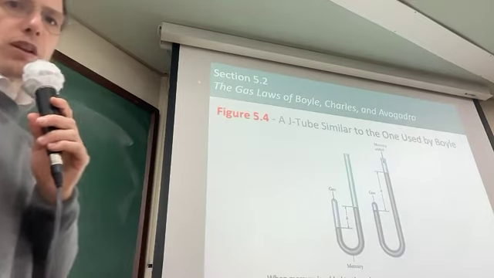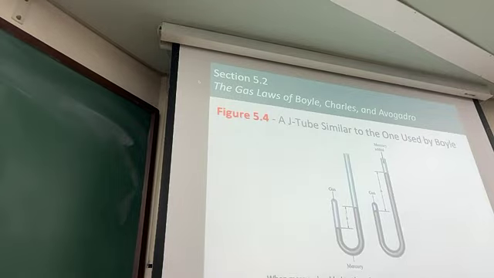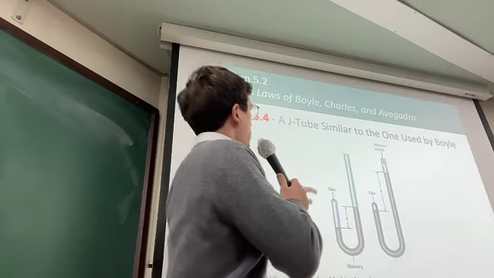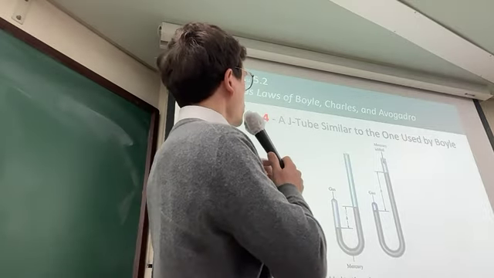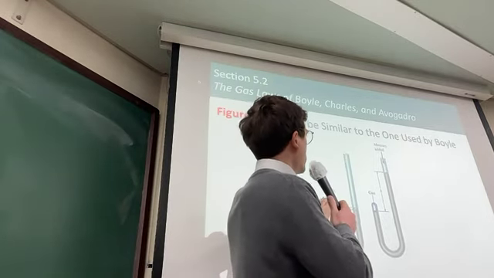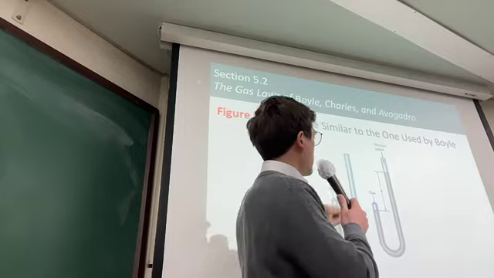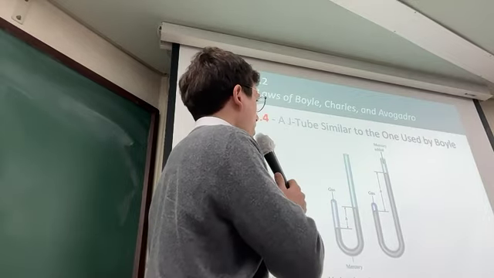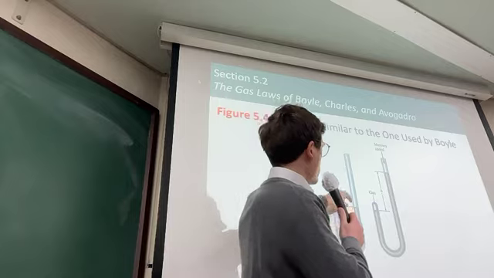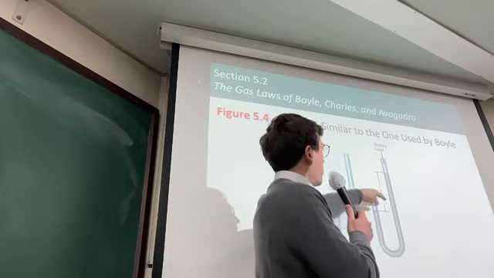Okay, so this is what he realized with many experiments, and this was basically the experiment he did to get this equation. So he used again this kind of tube where you have the gas inside and the atmospheric pressure outside. And then he modulated the pressure here by adding more mercury.